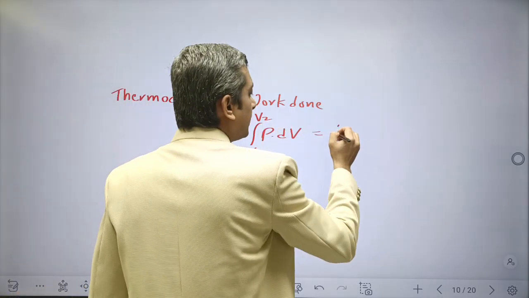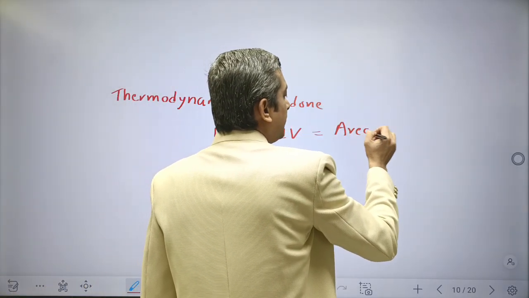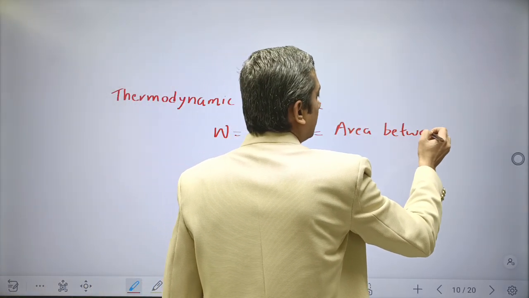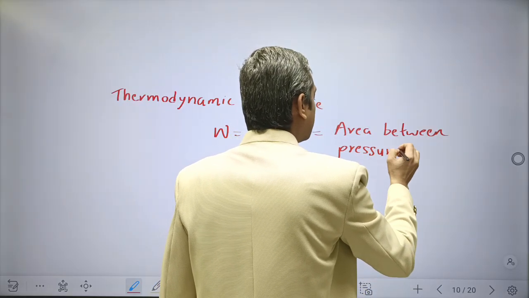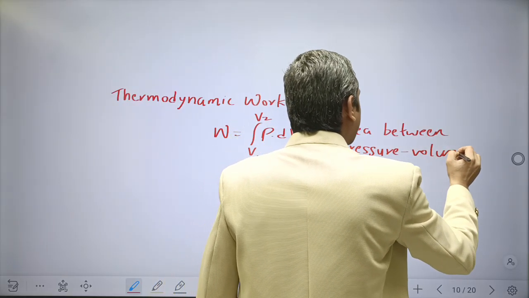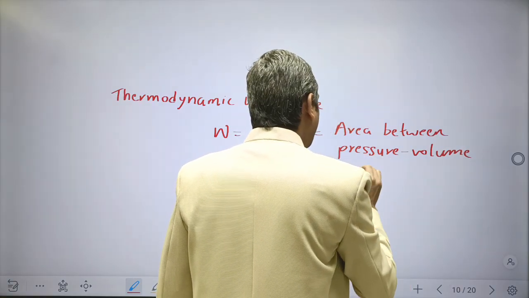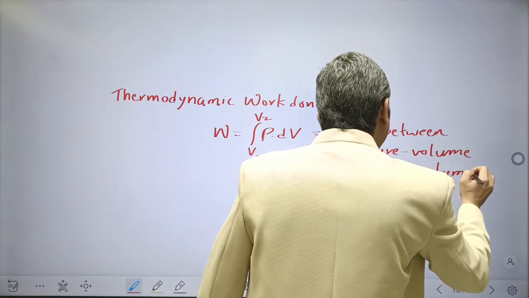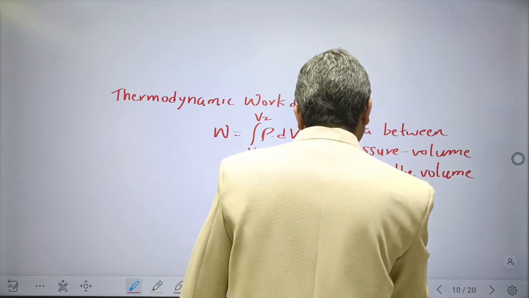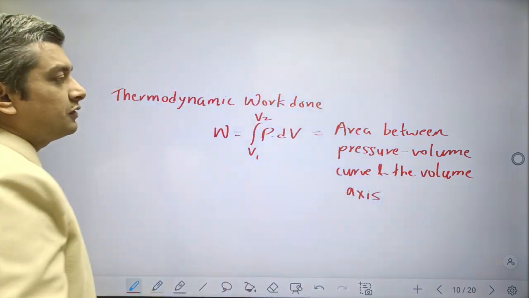So this will be given by, again, the area between the pressure-volume curve and the volume axis, isn't it? So this is the work done.